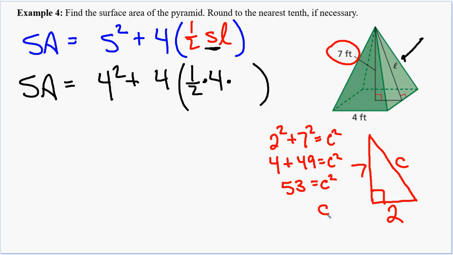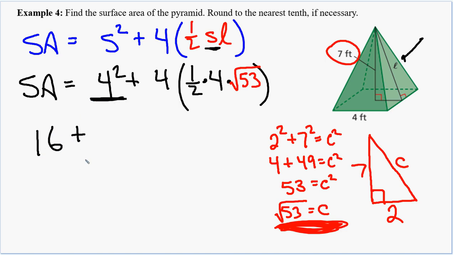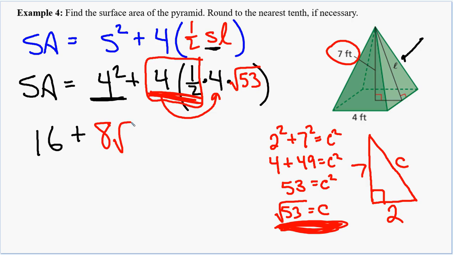And if we take the root, let's not do a decimal yet. Let's keep it as root 53. So there is the lateral length of our triangle sides. Let's put it right in here as a root 53. Okay, 4 squared, that's easy, that's 16, plus, if we do this in pieces, half of 4, that's equal to 2 times this 4. 2 times 4 is 8, and then we got our root 53.